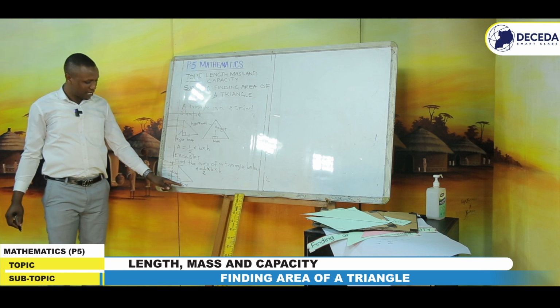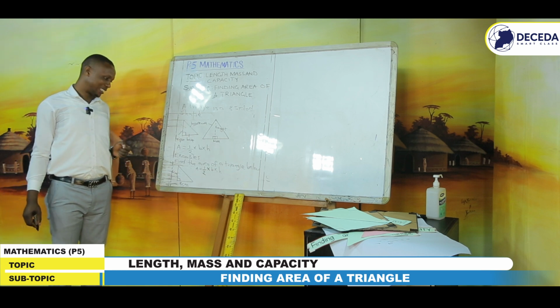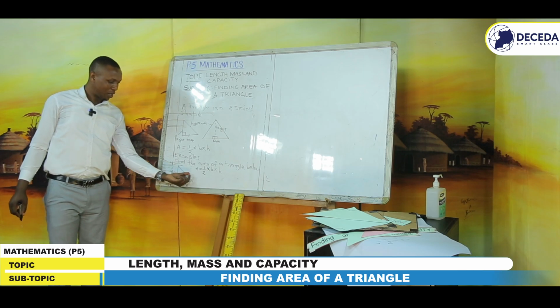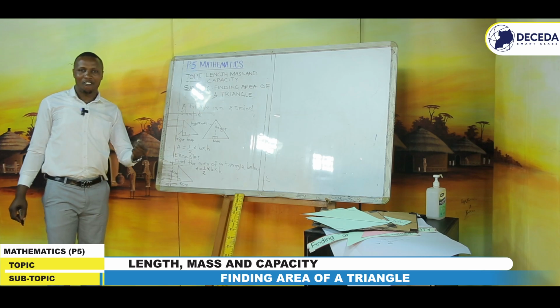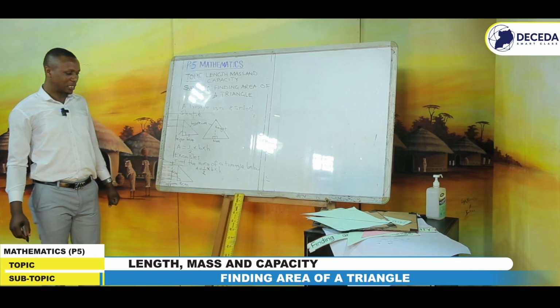We are interested in a base and height. So as we have stated, the area of a triangle equals a half times base times height.